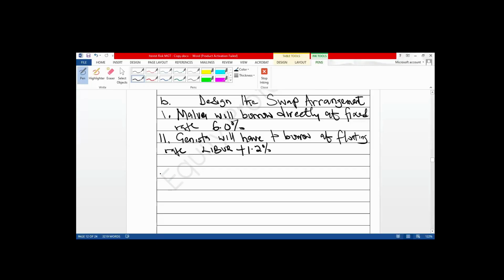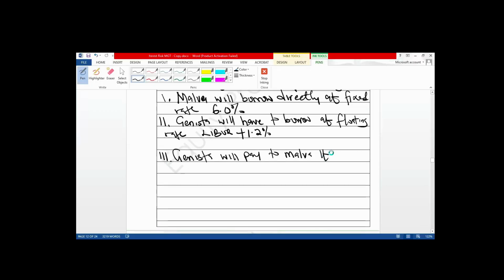Then number three, Jenista will pay to Magda its own fixed rate less its share of arbitrage gain, i.e. 7.8 minus 0.4. No, 0.5. Jenista will get 0.5.